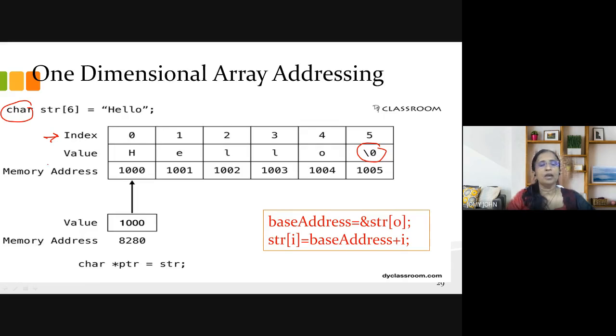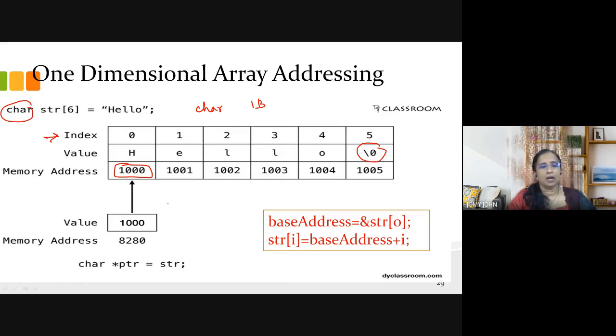Now what about the memory address? Suppose this is the memory address of str[0]. Suppose this is 1000, this will be 1001. Why? Because a character requires only 1 byte. This will be 1002, 1003, 1004, 1005.